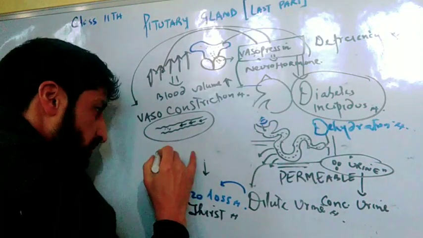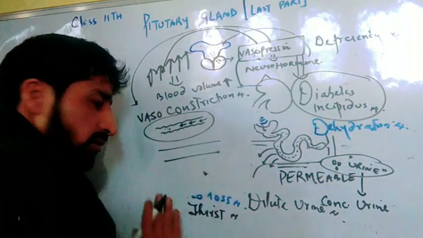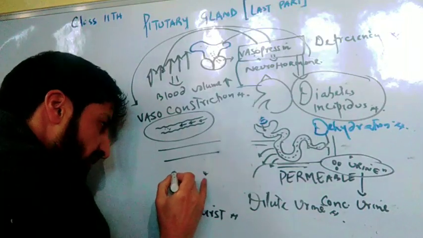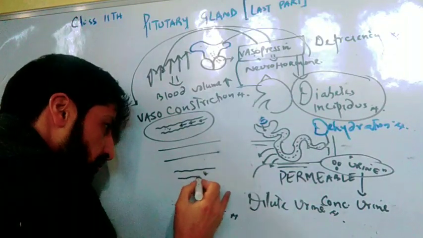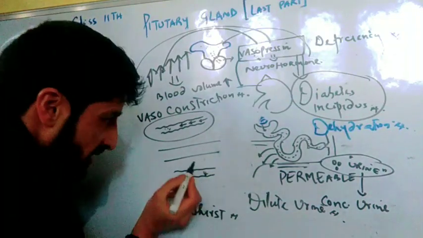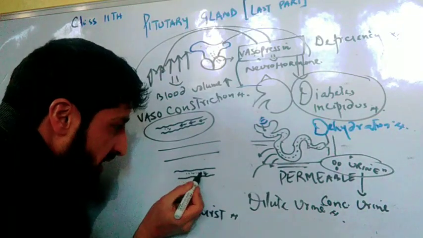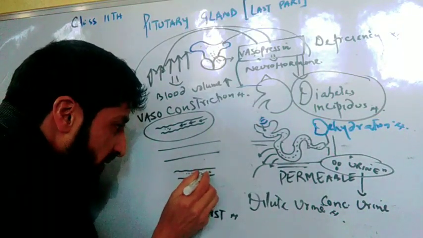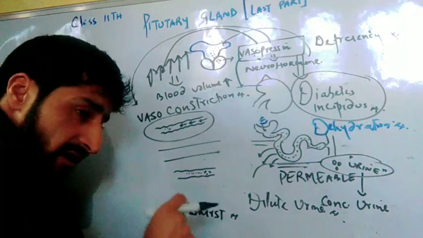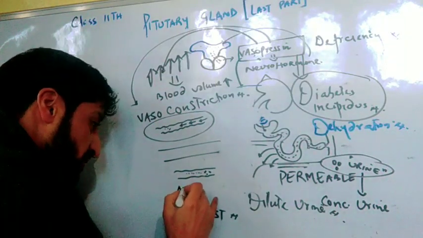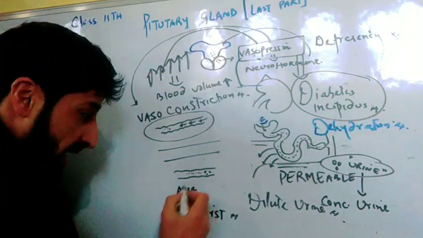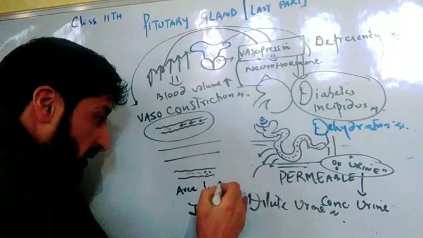Let us suppose this is the blood vessel. Now what happens is that this blood vessel undergoes contraction. When the blood vessels undergo contraction, the area inside the blood vessel decreases. When the area decreases, the area is inversely proportional to pressure, as you are studying in physics.